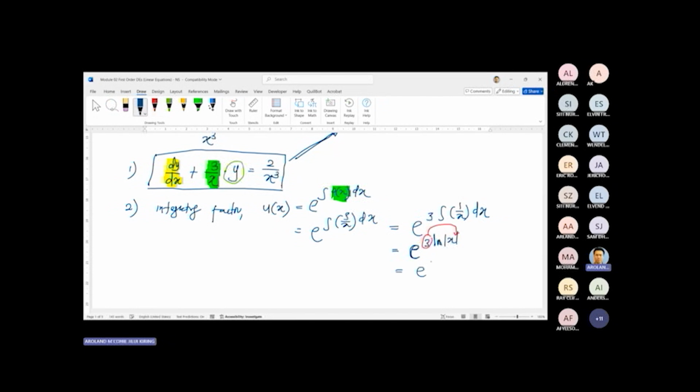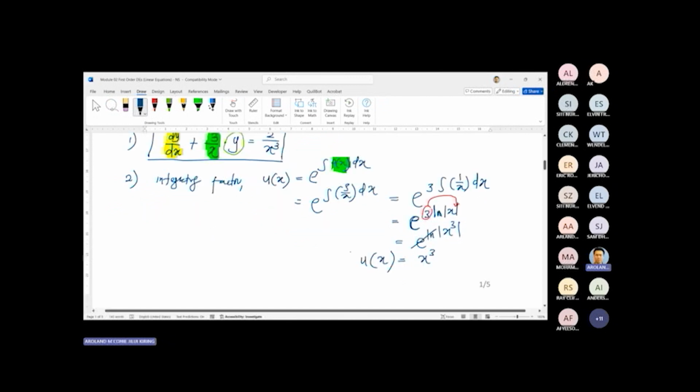So you have e to the power of ln x cubed, and then the exponent and the ln function cancel. Finally you have x to the power of 3, which is your integrating factor. So this is your second step, and we're done with the second step.